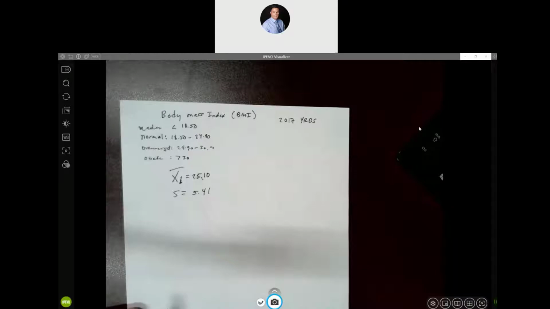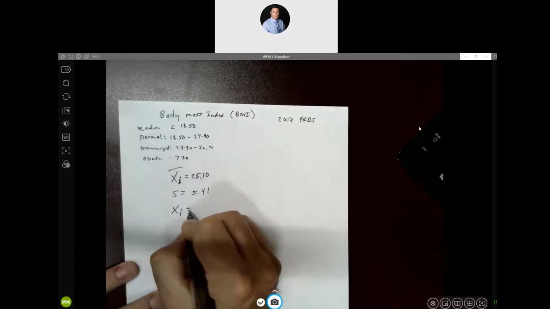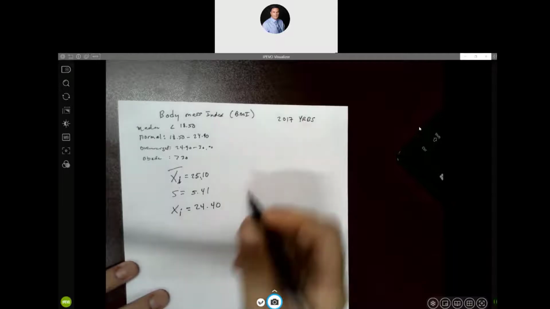Well, my wife said, like, well, where do I stand in relationship to high school students? Because she's teaching high school students now. She wants to know, like, am I chubbier than the high school students or am I skinnier than the high school students? So I calculated her BMI. And my wife's BMI is 24.40.